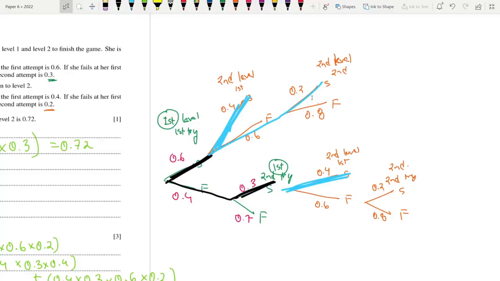So it's 0.4 plus 0.6 into 0.2. Or you could go for this route, right? You also have access to this route.